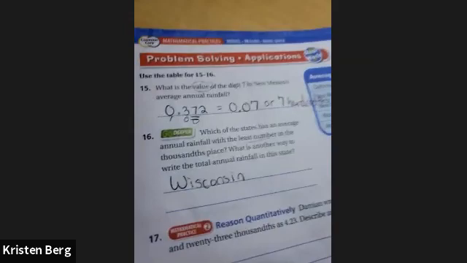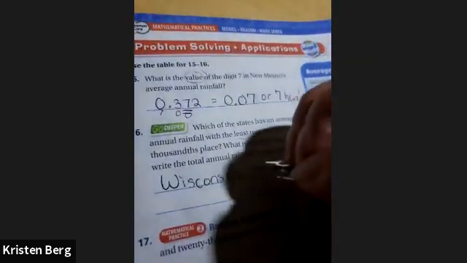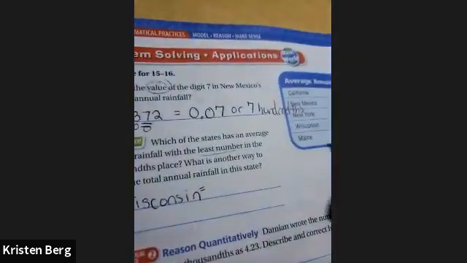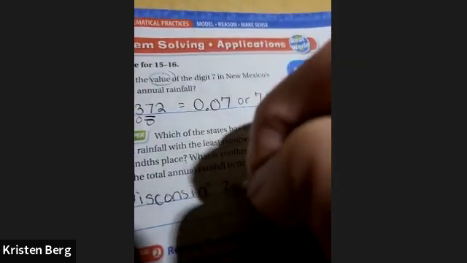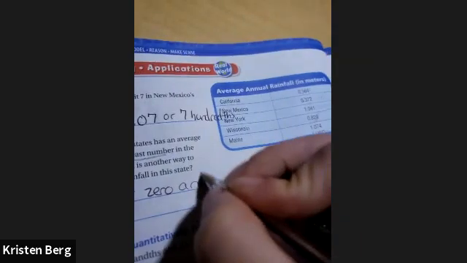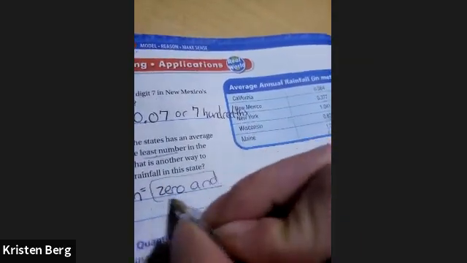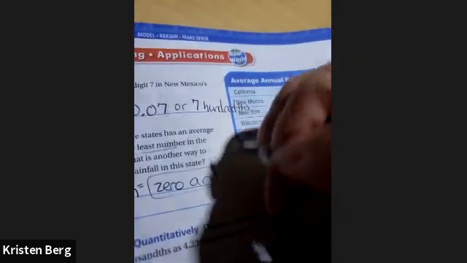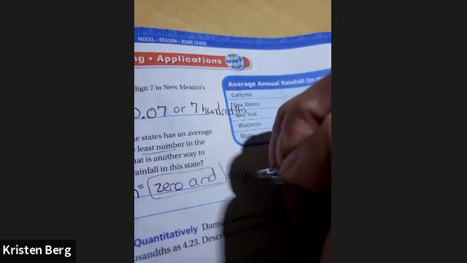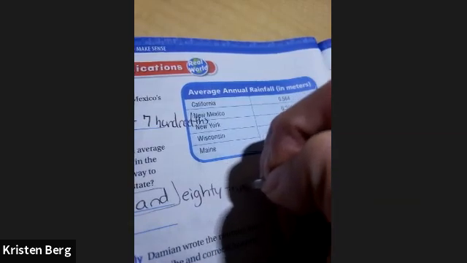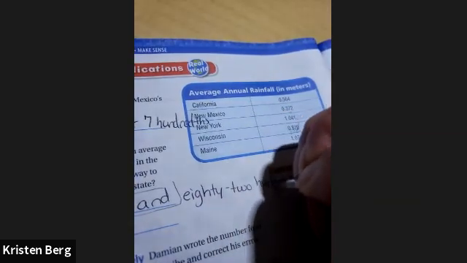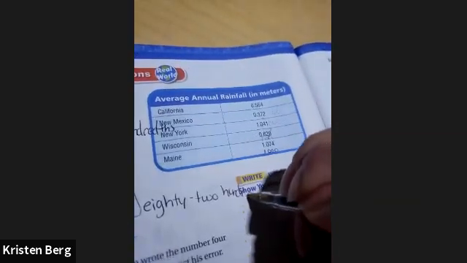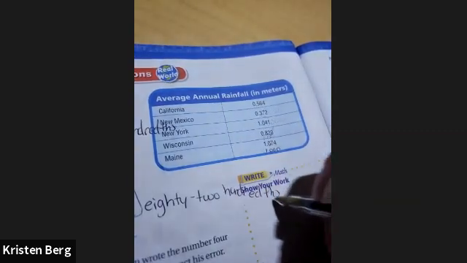So there were two ways that you could have said it. You could have said 0. Remember, this is optional because there is no whole number. So it is optional to have this part. 0 and 82 hundredths. Sorry, hundredths.